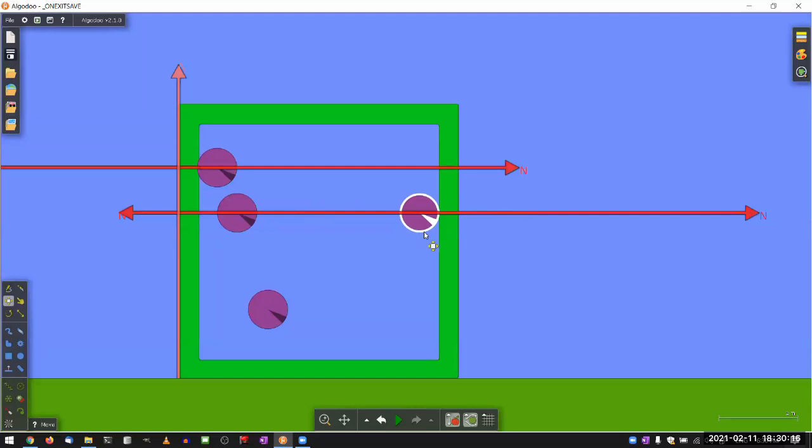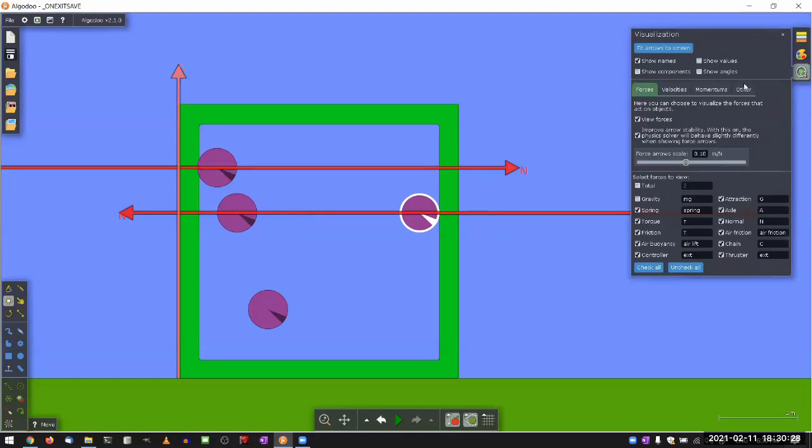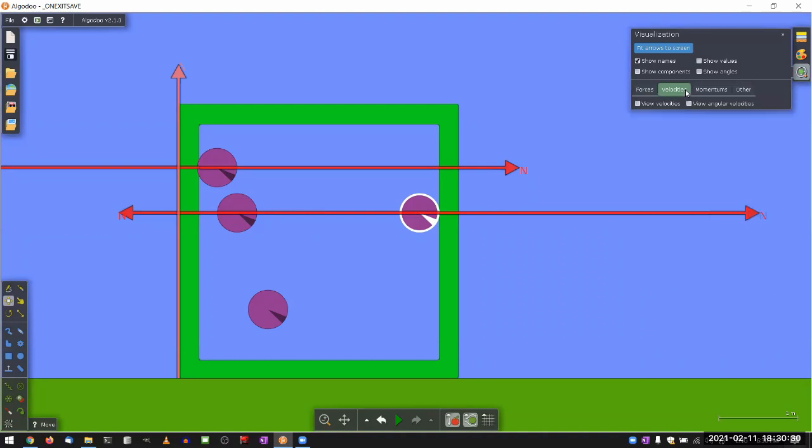But if I choose to call this ball my entire system, then this force from the wall, that is an external force. And that external force is accelerating this ball. It doesn't let me illustrate the velocity and acceleration, but I can do this.